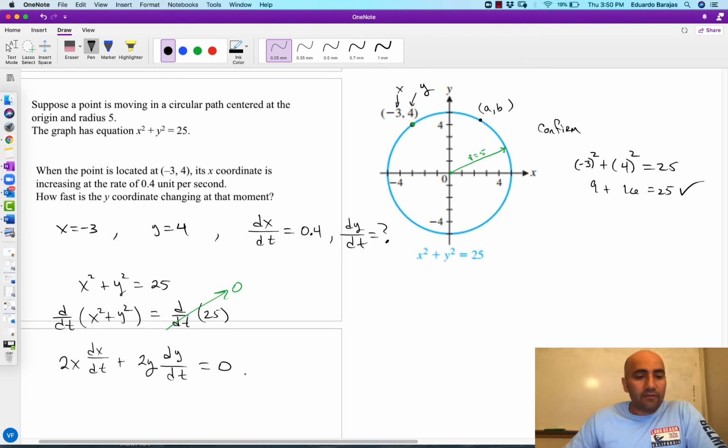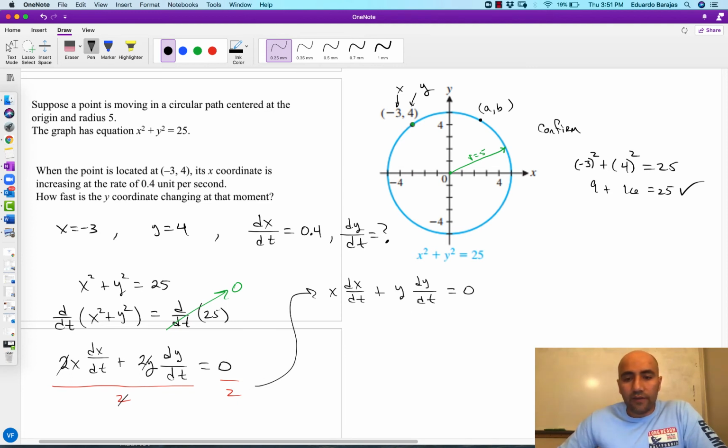And so this is the variable of interest. We can divide everything by 2. Divide this side by 2, divide that side by 2, and it'll cancel here. And so we have x dx/dt plus y dy/dt equals 0. Remember, 0 divided by 2 is still 0.